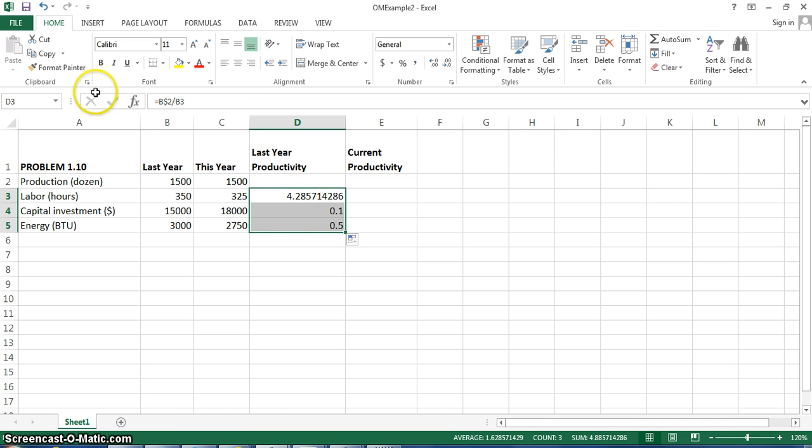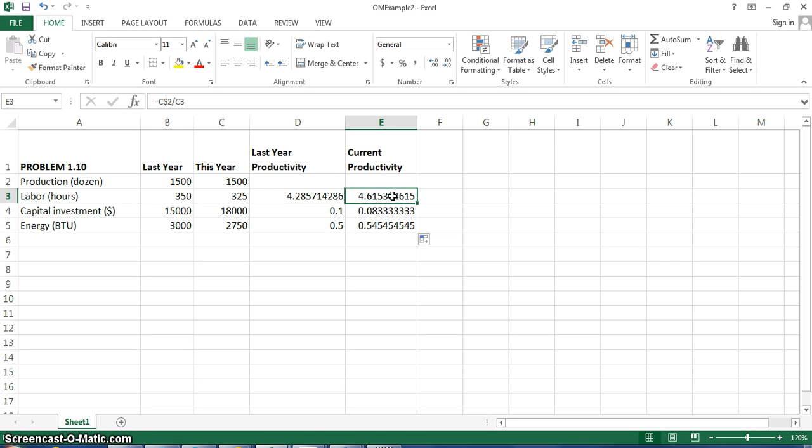Additionally, because we have the absolute reference on row 2, but there are no absolute references on the columns, we can copy these three formulas over to our current productivity. Notice that this now references column C, the data for this year. The productivity measurements are in dozens per hour, dozens per capital dollar, and dozens per BTU of energy.